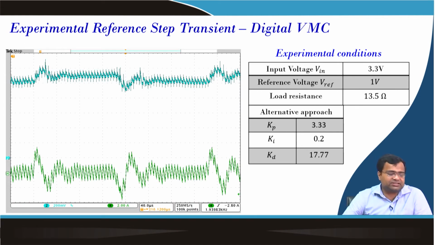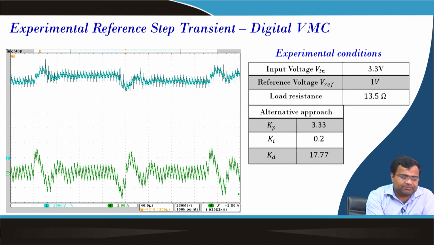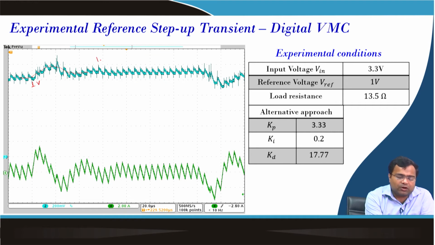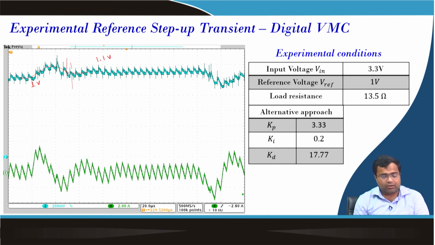Now, we are talking about reference step up transient. The reference step up transient, if we take the zoom version of this, so this is the reference step up transient in the average sense. So, there is an additional overshoot of around 50 millivolt, and it is changing from 1 volt to 1.1 volt, and this is happening in around 30 microsecond.